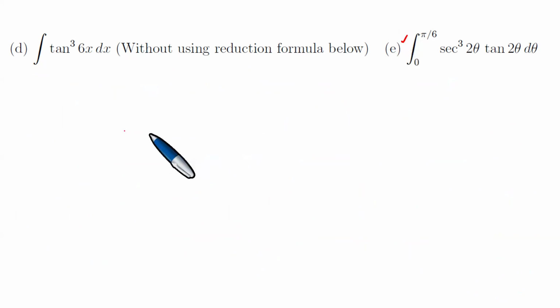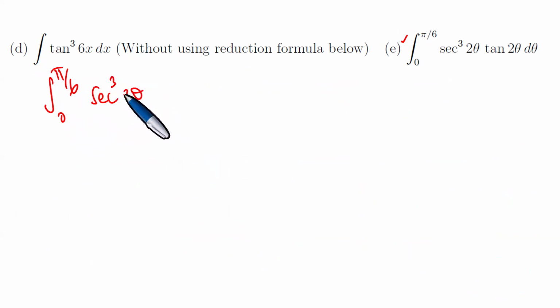Okay, we're looking at E now. The integral from 0 to pi of 6 secant cubed of 2 theta, the tangent of 2 theta d theta. All right, and I want to do this one. To do this particular problem is the same as what I was saying now. The easiest way to do this is to break it down.